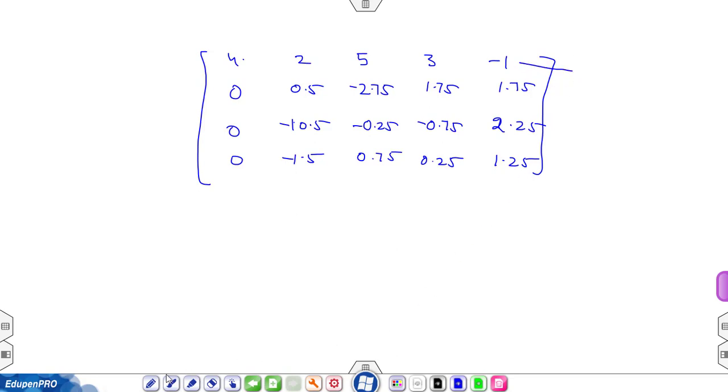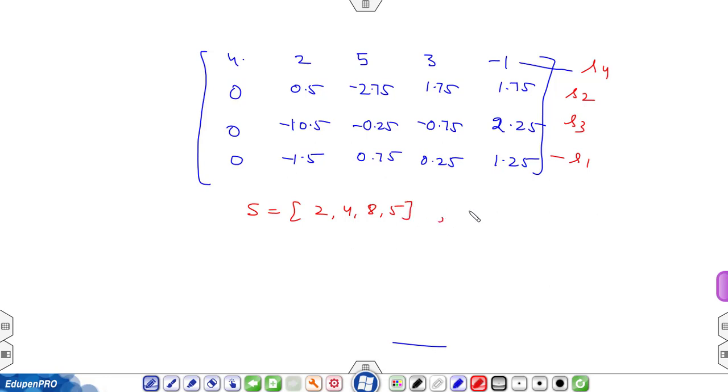That's why, as I've already explained, this is S4, S2, S3 and S1, because the scale factors will not change throughout the computation. Since the row is changed, the scale factor associated with the first row is now S4. That's why we have to keep a record here. So S is 2, 4, 8, 5, and L records that the fourth row was changed with the first row. We are just keeping a record of the row order and the scaled vector.